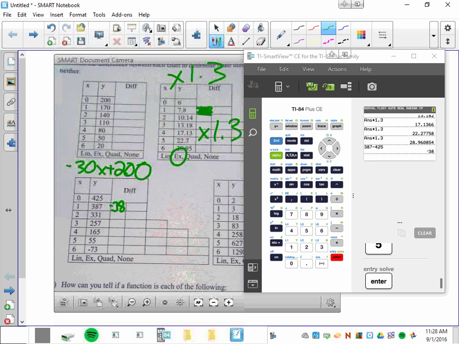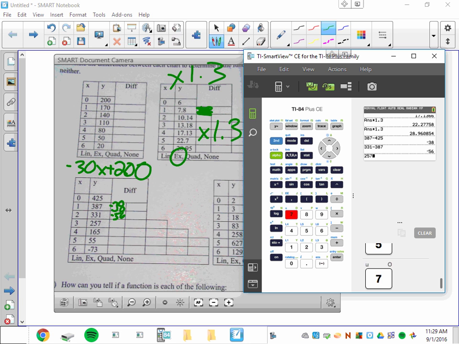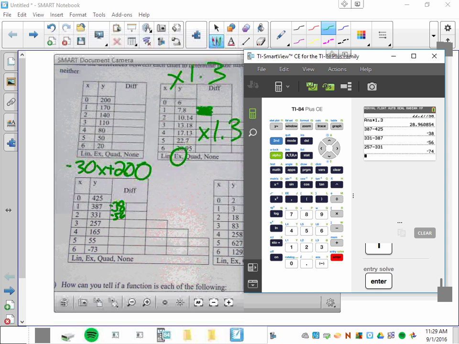Let's try the next one. 331 subtract 387, and I get negative 56. 257 subtract 331, negative 74, and go ahead and do the rest of those.